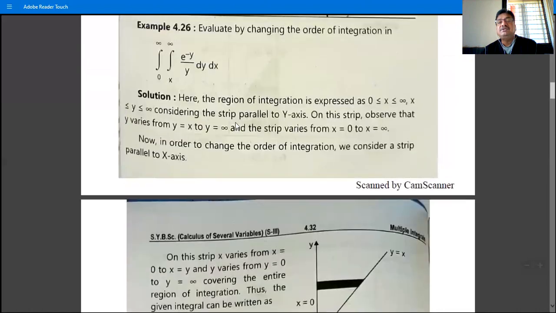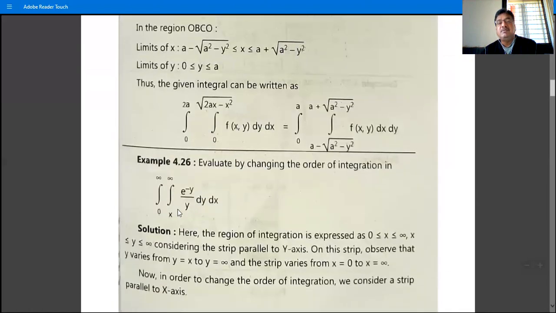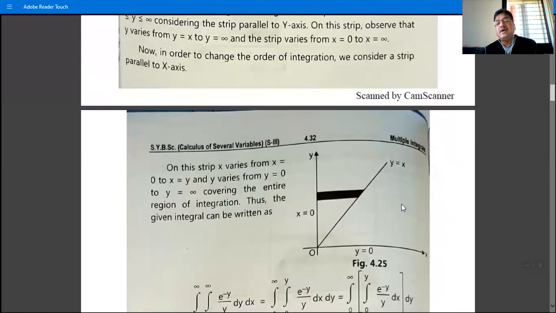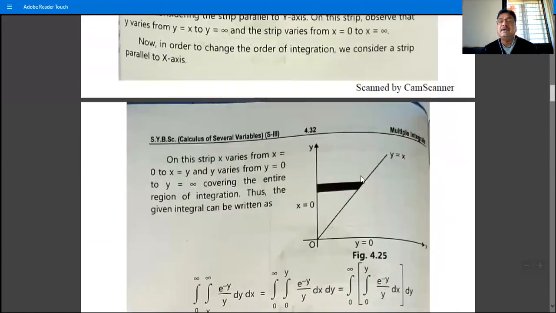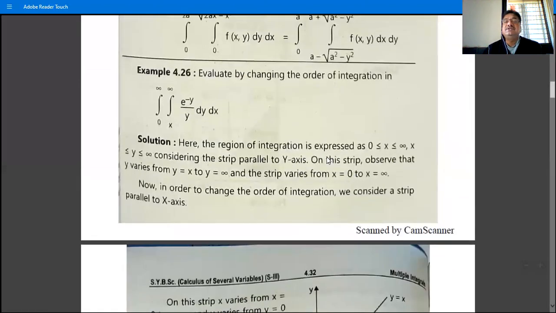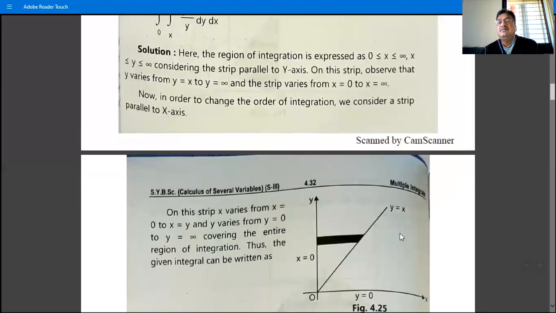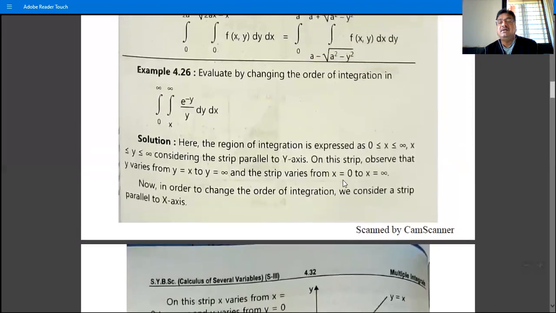And if the question is just to evaluate this integration, then also we have to change the order, because if we integrate e raised to minus y by y with respect to y first, then it becomes complicated. That's why we have to change the order of integration. In some examples, changing the order is a requirement of that example, that is, the question is just to simplify or evaluate the integration.